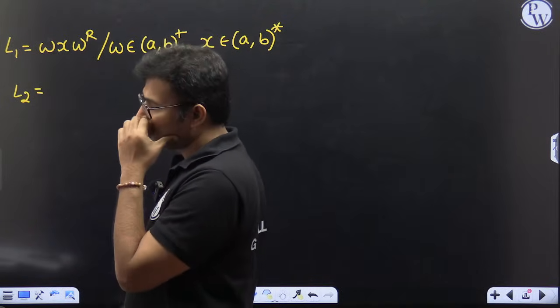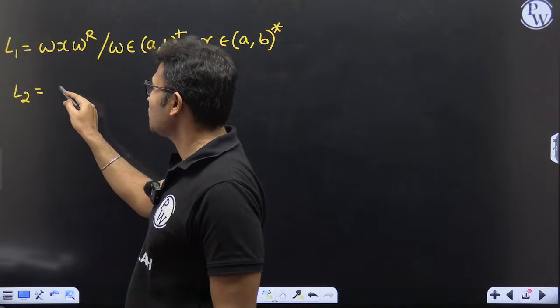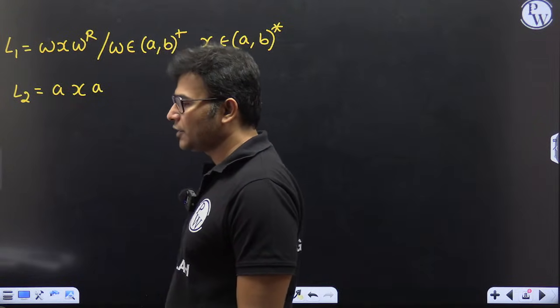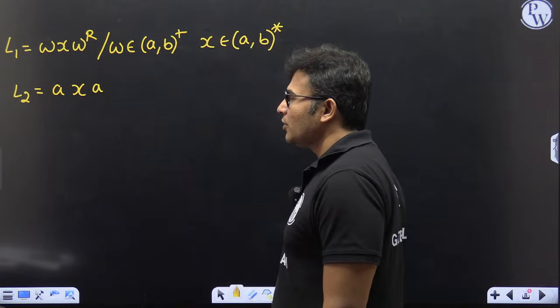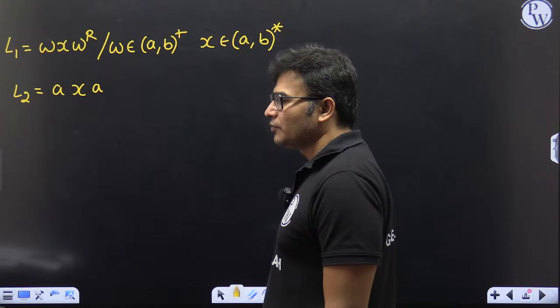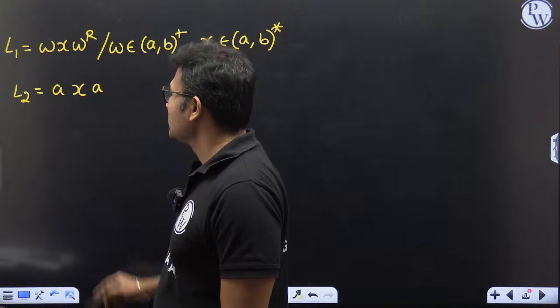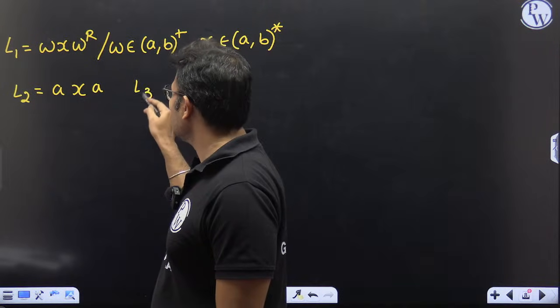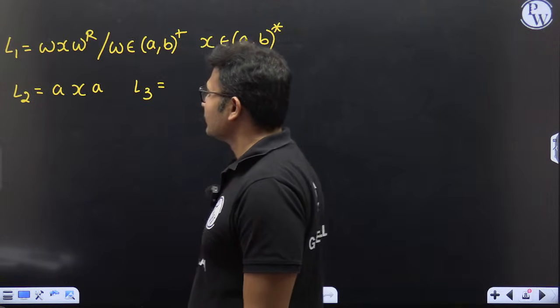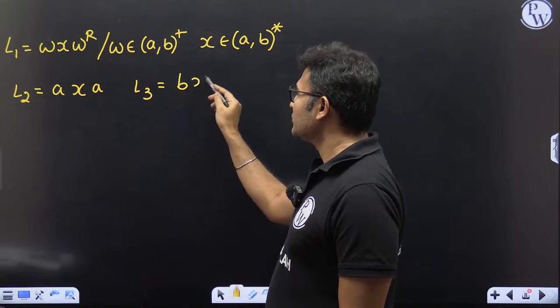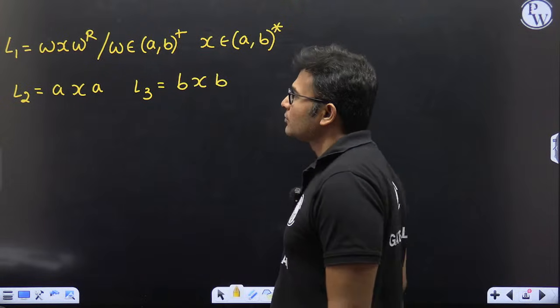In place of W, I'll place a, that is the smallest language, which becomes aXa. And L3, in place of W, I will put a b, that will become bXb.